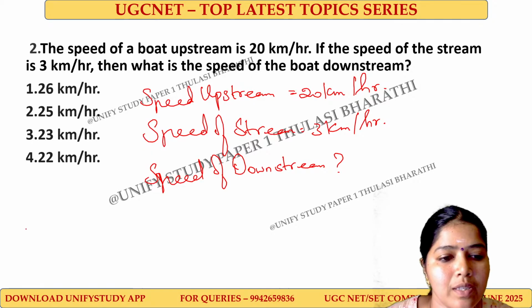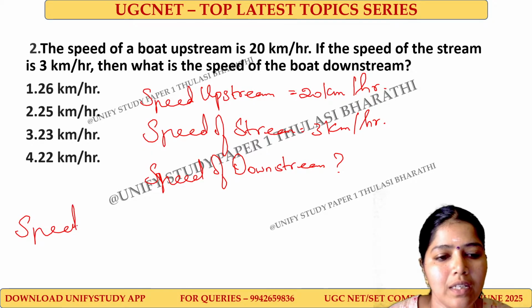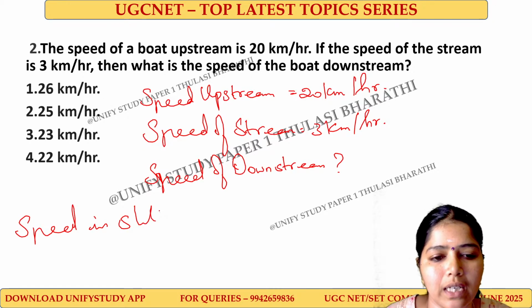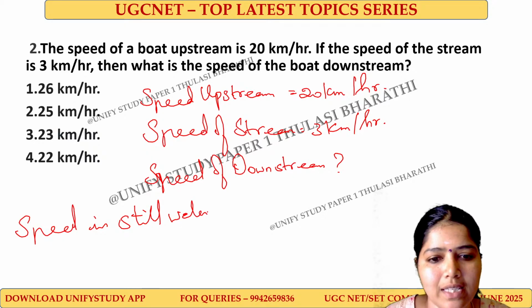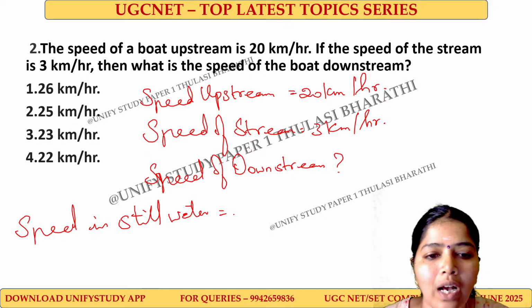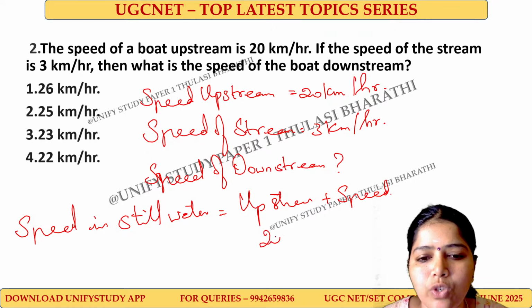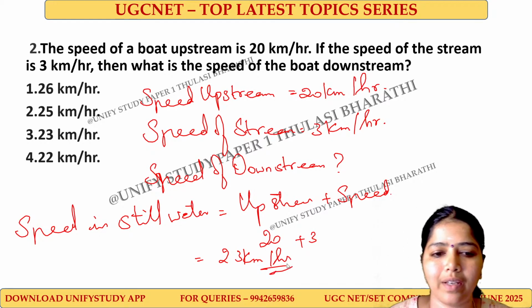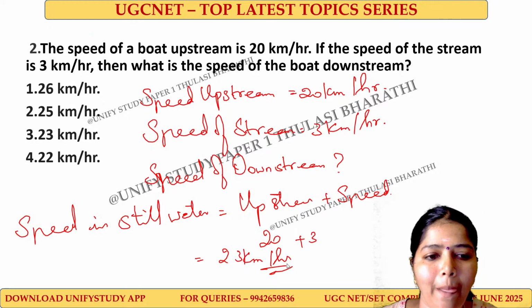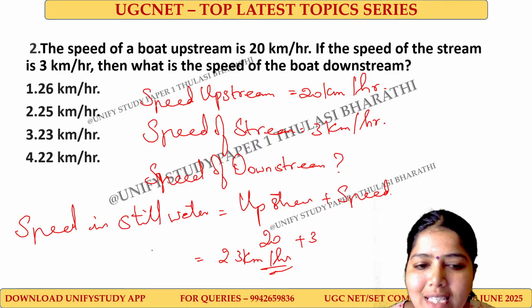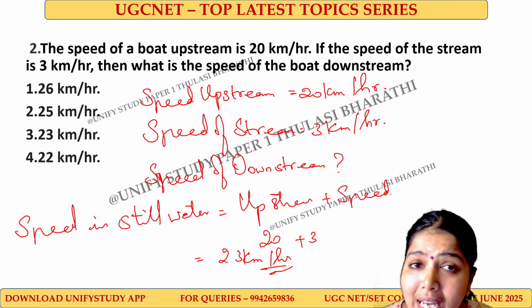So speed in still water is equal to the upstream plus the speed. So that is 20 plus 3, that is equal to 23 km per hour. This is the speed in the still water.